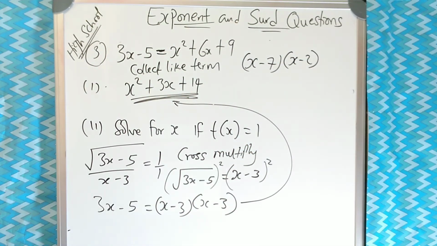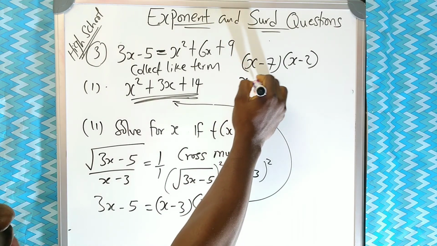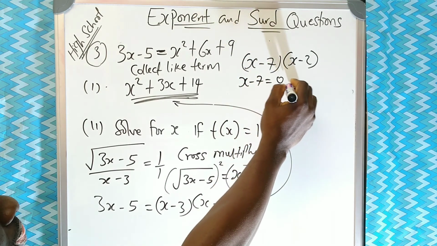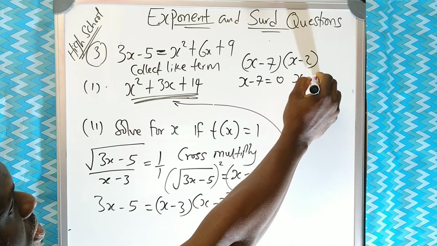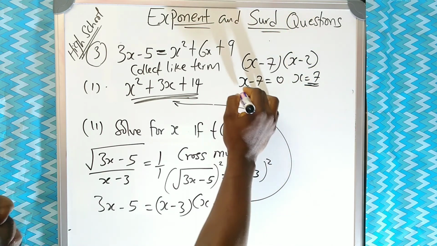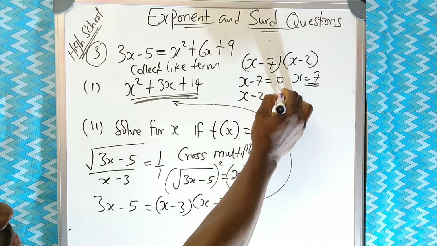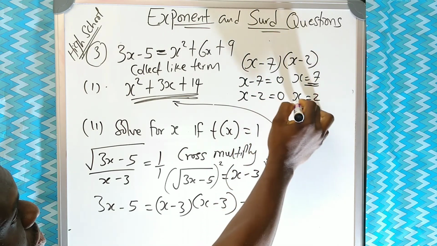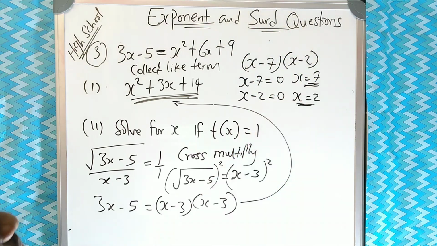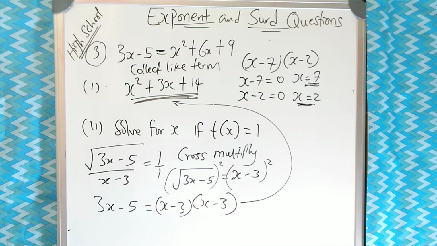So x minus 7 equals 0, x equals 7, and x minus 2 equals 0, x equals 2. So the final answer is 2 and 7. If you have questions, you can still send comments to us. You can ask for more questions on this, and we'll be able to explain to you further.